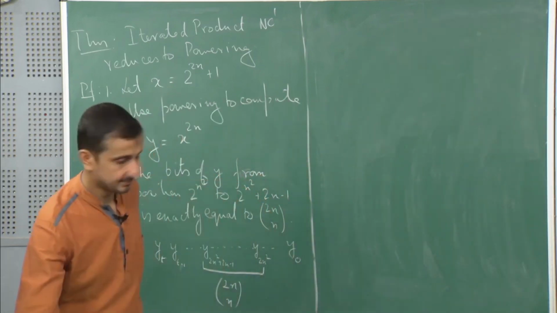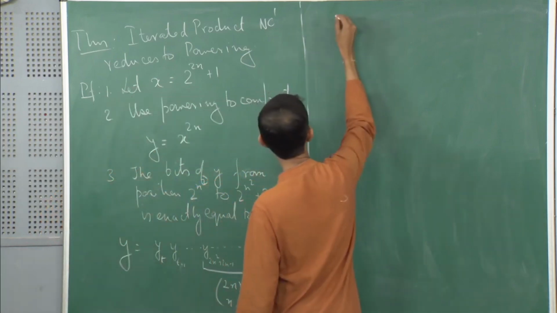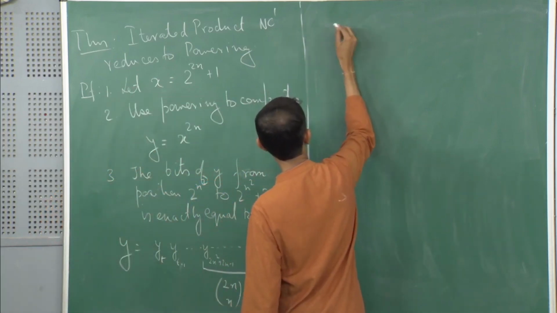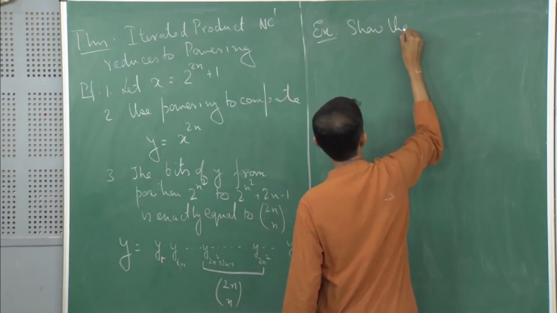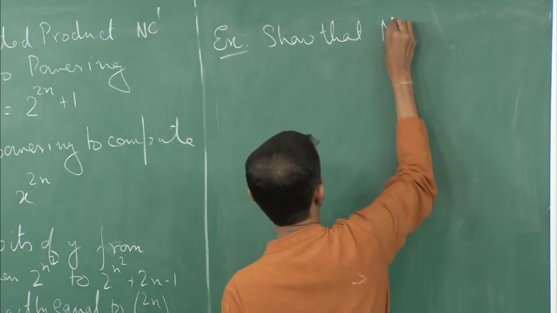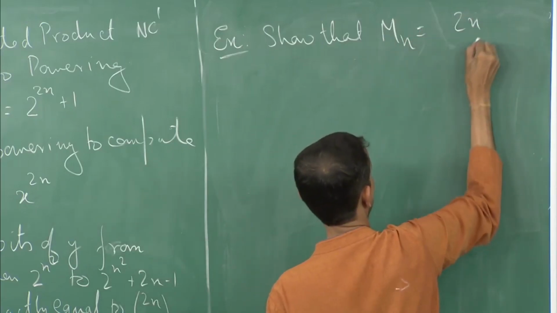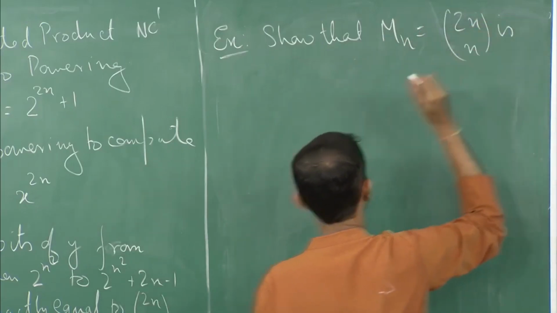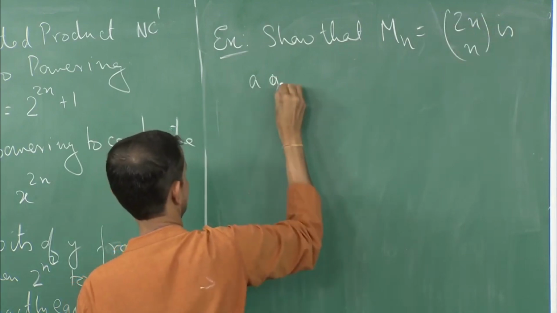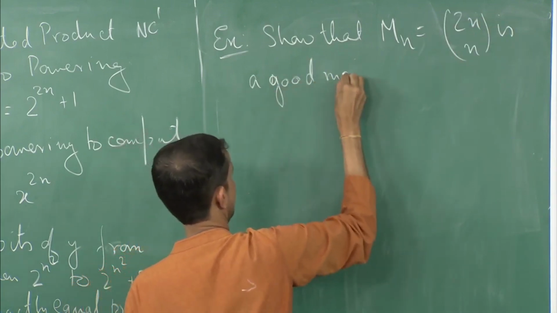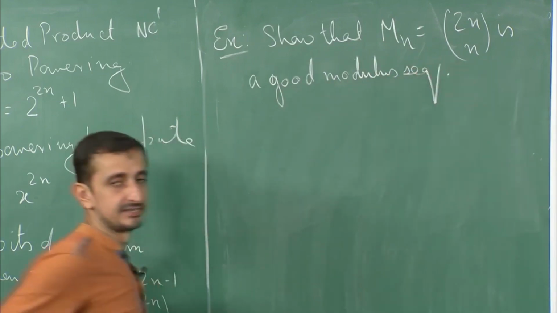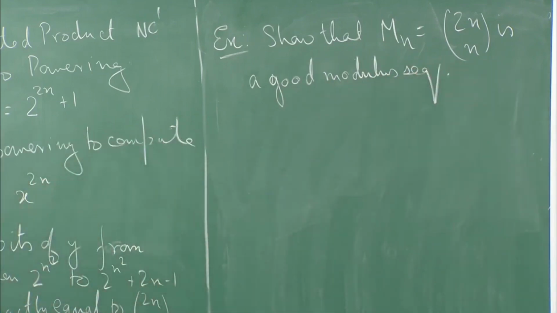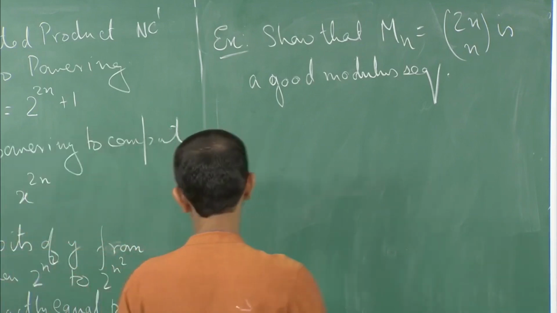So what you can see is, show that Mn equal to 2n choose n is a good modular sequence. And what we have seen just earlier is that if somebody gives me a good modular sequence, I can compute iterated product.